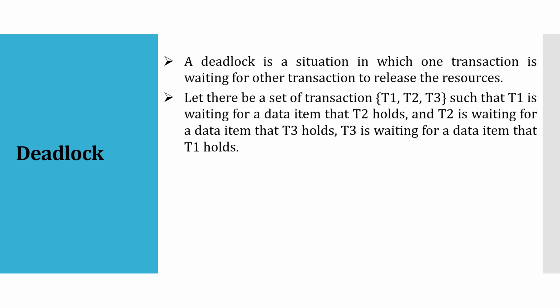So let there be a set of transactions T1, T2, T3 such that T1 is waiting for T2, T2 is waiting for T3, and T3 is waiting for T1.